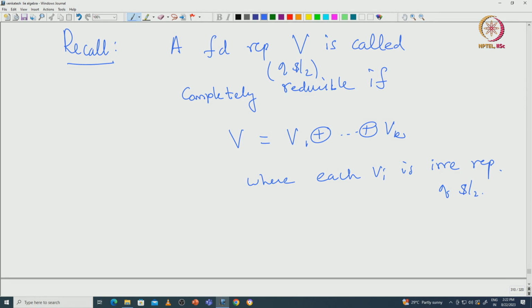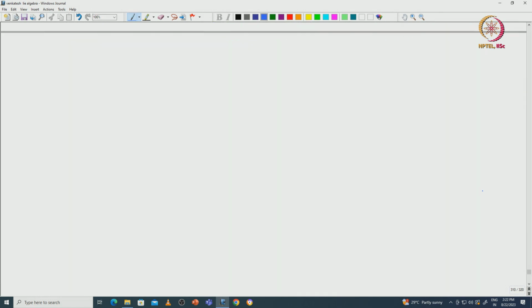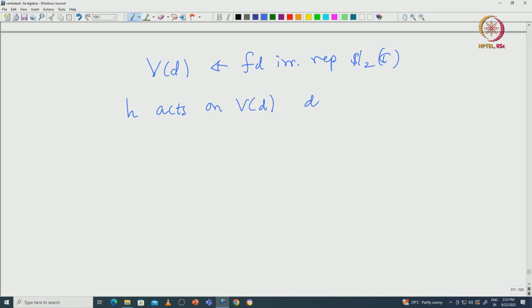Let me recall what we did for finite dimensional irreducible representations. If V_d is a finite dimensional irreducible representation of SL2C, we saw that the operator H acts on V_d diagonally, or semisimply, and the operators X and Y act on V_d nilpotently. These things we already observed.